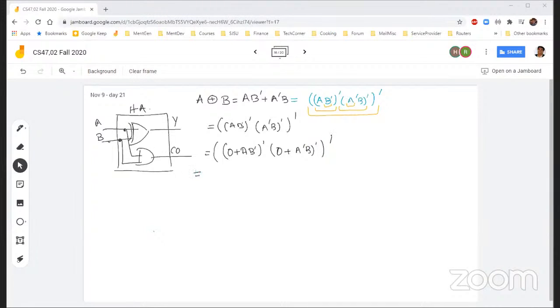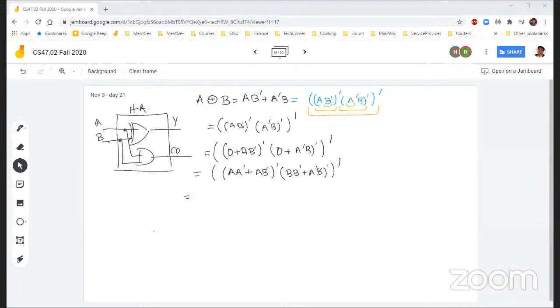Then in place of the zeros, I can write something like this: A bar, which is 0 by identity, AB bar whole bar, and in this case I will write BB bar, A bar B whole bar.